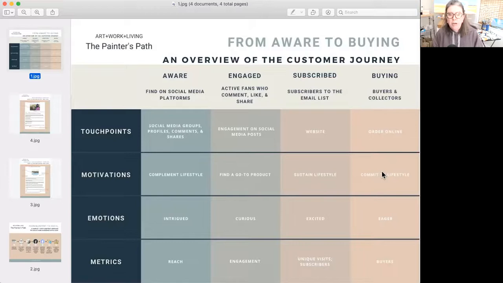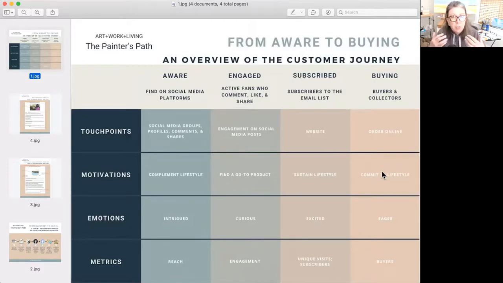So let's look at where it begins. The awareness phase is when people find you on social media platforms. So the places where you interact with them, what's called touch points, are places like social media groups, Facebook groups, Pinterest groups, groups on any other social media platform that there is.